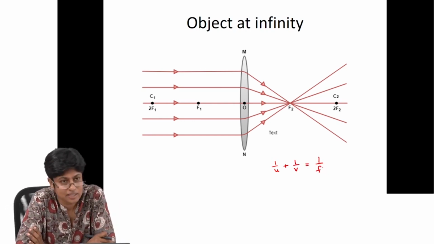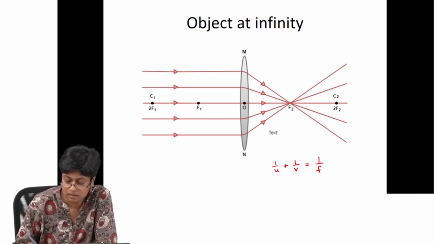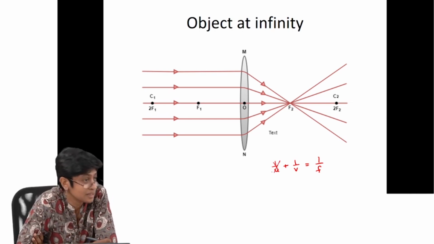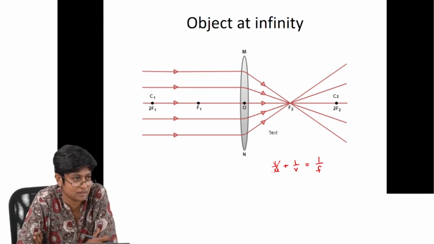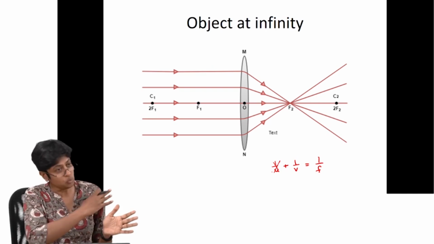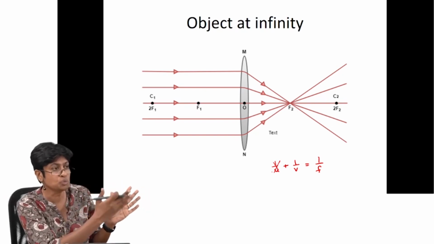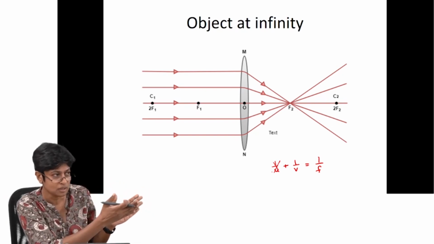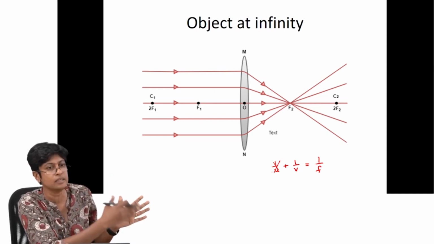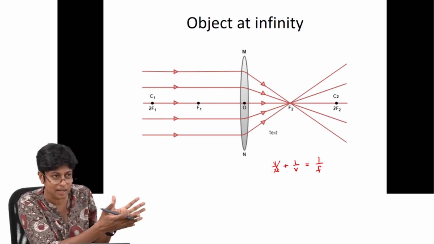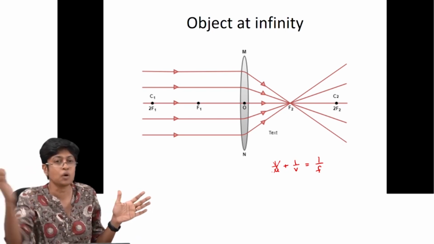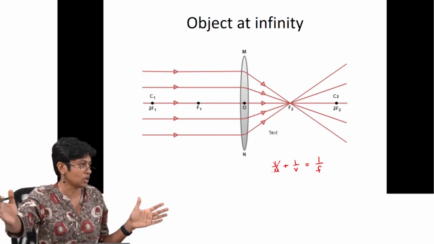If the object is at infinity, this term disappears, the image is happening at the focal length itself. And you can move your object from infinity to a position 2f away from the lens, to something in between, to f, to less than f, and you can see how the image moves accordingly.